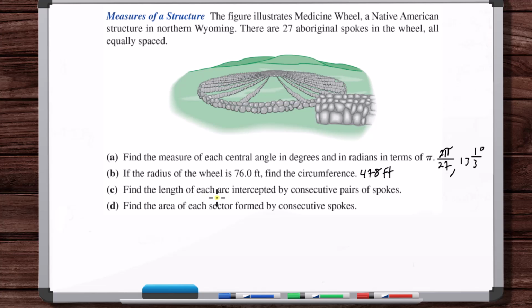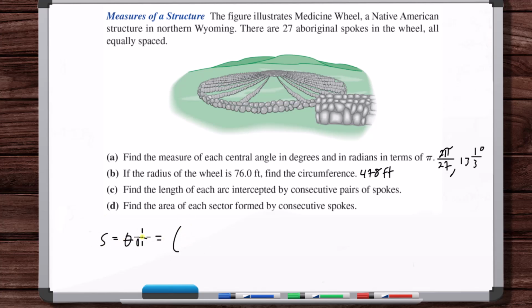Find the length of each arc intercepted by consecutive pairs of spokes. So like this arc length. That's going to be the arc length intercepted by a radian measure of 2 pi over 27, and a radius of 76 feet. We're going to use radians because it makes arc length easier to calculate. So s is equal to theta r.